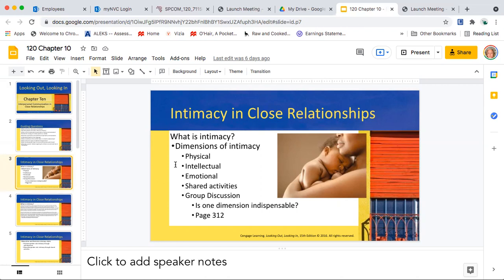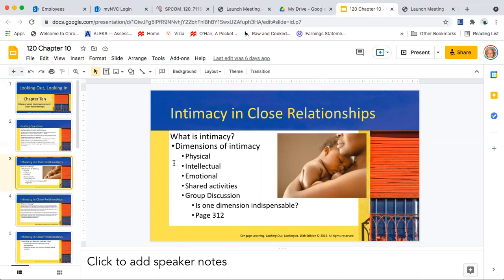So when you talk about physical, of course, that's your sexuality usually, but it's also not just that, it's also just touch and affection. Okay, so thinking about how well you know yourself.